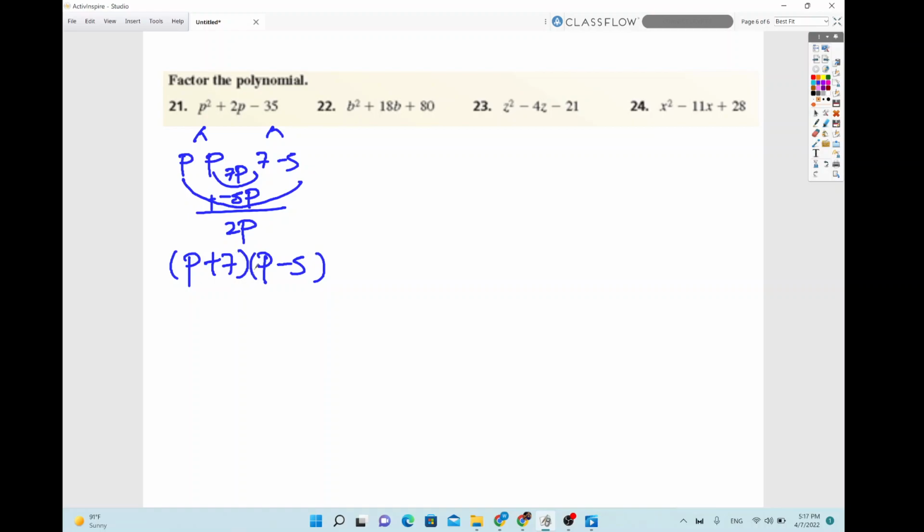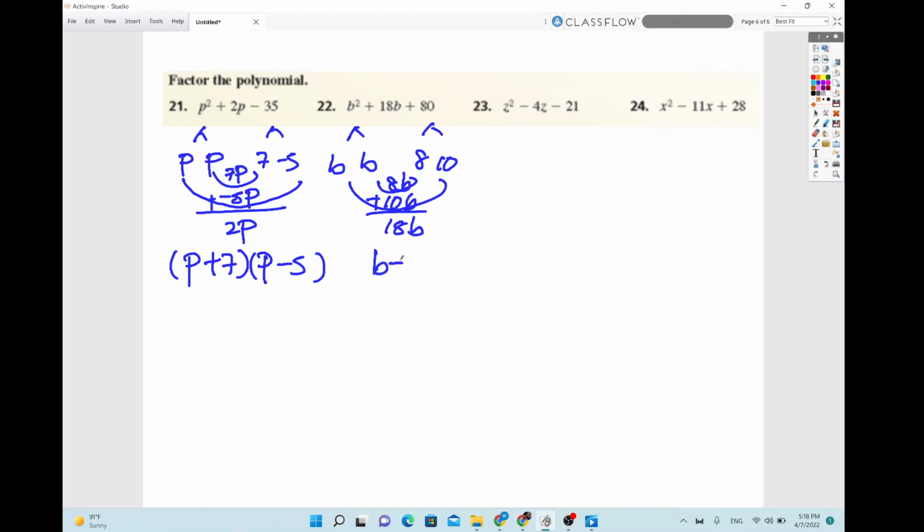Again, see the open and close parentheses right here? There's no plus or minus between them. And then the next one, so again, factor it. b squared, so b and b, and 80. We need to line that up with 18, so that would be 8 and 10. Check it out: 8 times b is 8b, b times 10 is 10b. Combine them, so 18b.